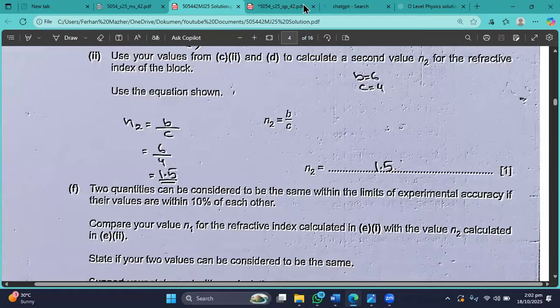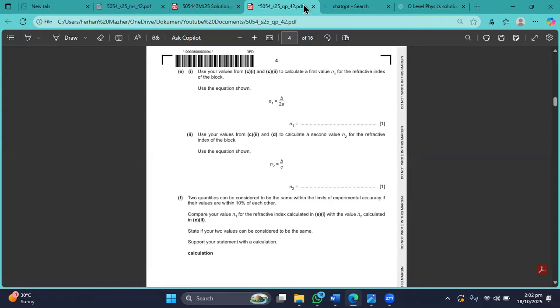Then they asked us, two quantities can be considered to be the same within the limit of experimental accuracy if their values are within 10% of each other. Compare your value N1 for the refractive index calculated in the E first part with the value N2 calculated in the E second part. State if your two values can be considered to be the same.